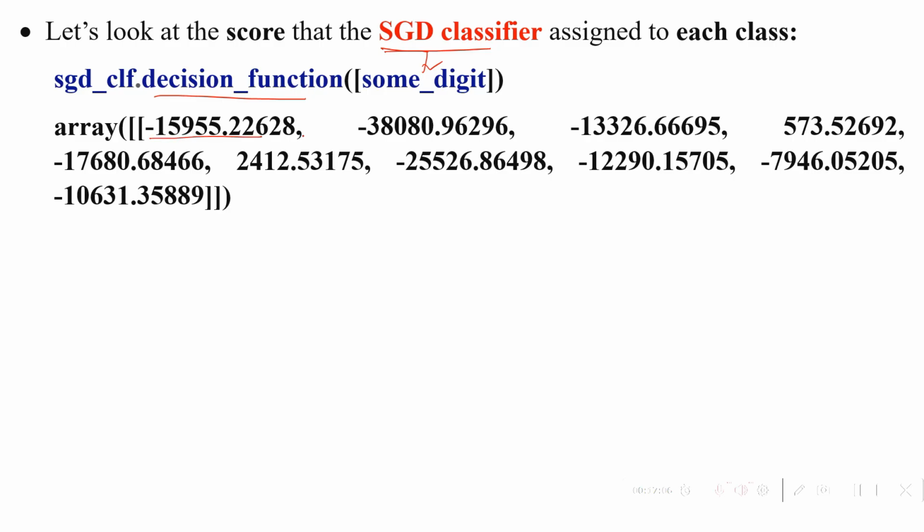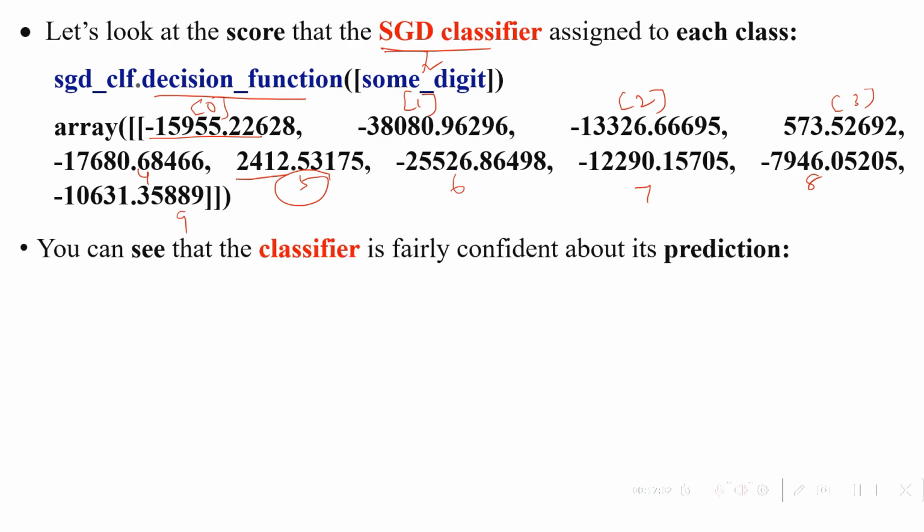Here are all the decision scores for digit 0, digit 1, digit 2, digit 3, digit 4, digit 5, digit 6, digit 7, digit 8, and digit 9. Among all the scores, digit 5 has the highest score, that is 2412.53175.